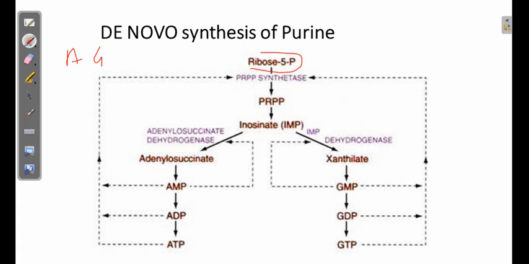Its starting material is ribose 5-phosphate, the intermediate is inosine monophosphate, and after further reaction it's converted into adenosine triphosphate and guanosine triphosphate. Those are the two nucleotides that we are looking for. As you see, the starting material here is a simple molecule, and that is why it is known as de novo synthesis.